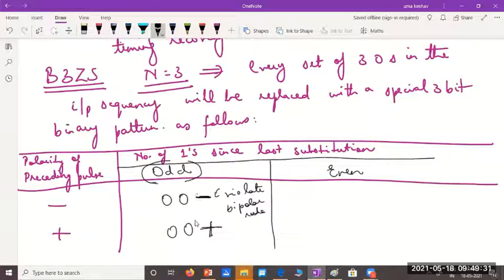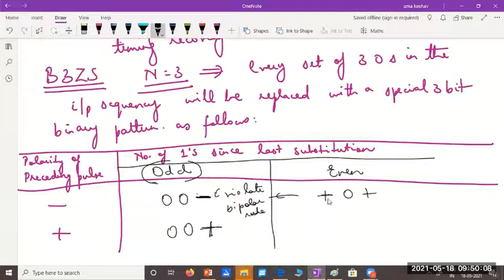This is almost similar, 0, 0, 0. We counted 4 there, 4 zeros. Here we are doing it for 3 because B3ZS means for 3 consecutive zeros I have to do the replacement. For an even number, if the preceding value is a negative sign, I'll replace it with plus, 0, plus. Again, here 2 consecutive pluses are there, violating the bipolar rule.